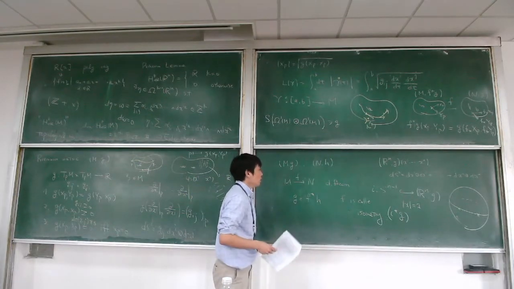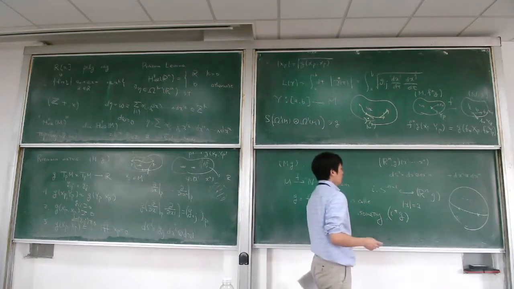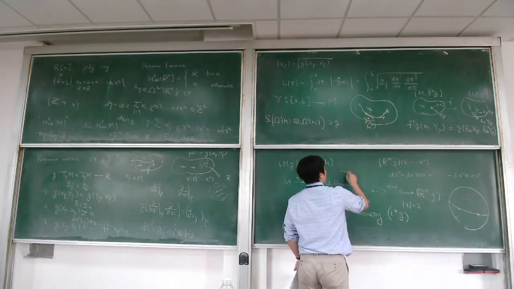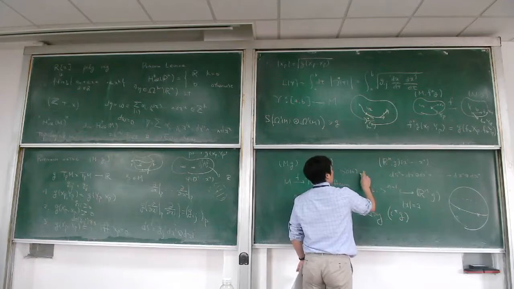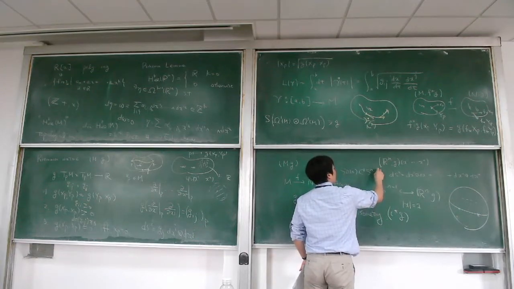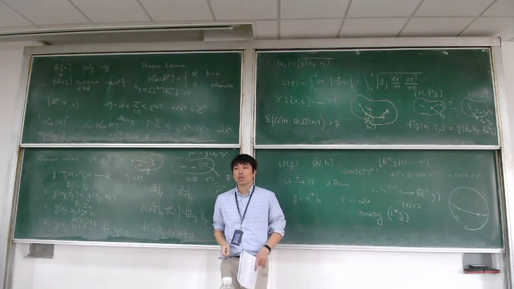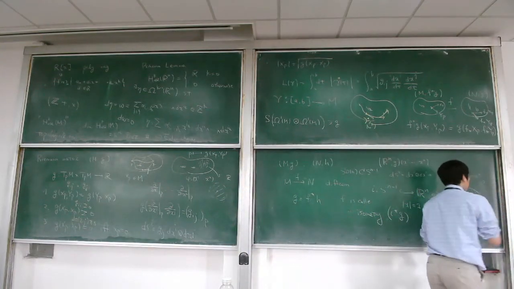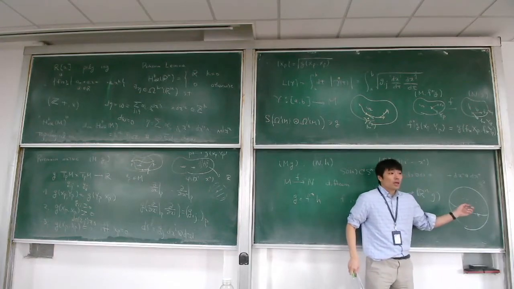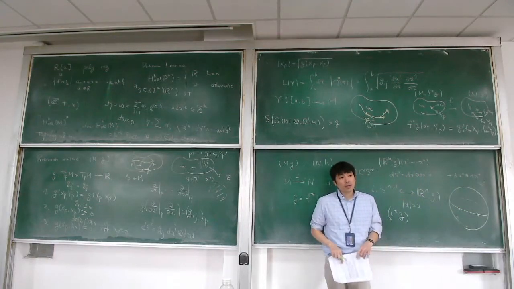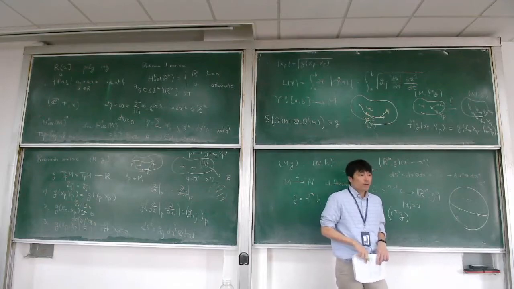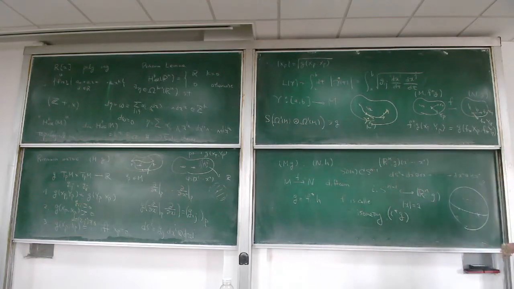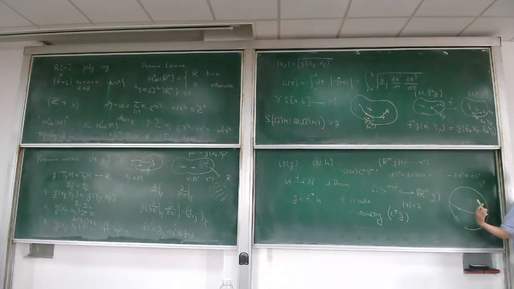And then, for instance, SO(n) acts on S^{n-1} as a diffeomorphism. Here is a figure of S^2, and in the homework you already did this: SO(3) acts on this S^2 by diffeomorphism.